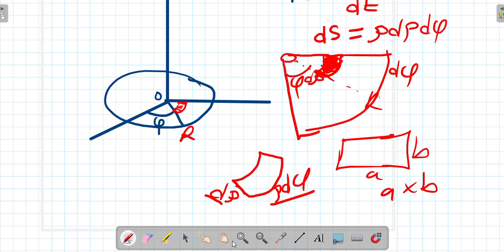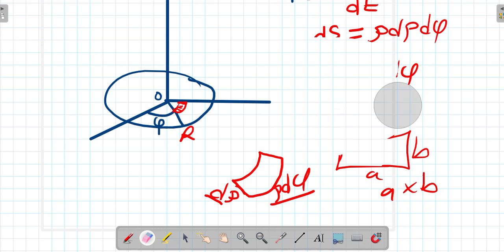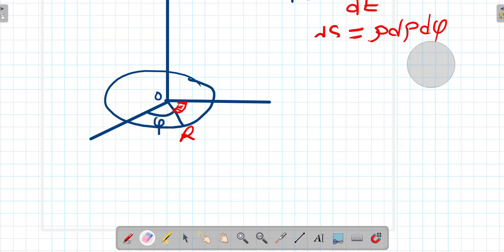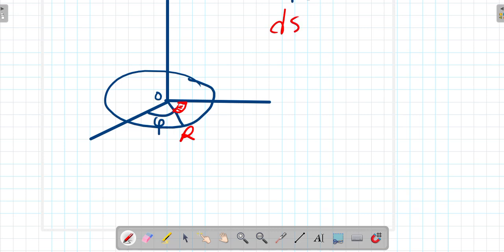As simple as that. In simpler terms, in case you find this confusing, the elementary ds is the smaller portion of the surface. This small portion is d rho, this is d phi, and this is the arc length rho.